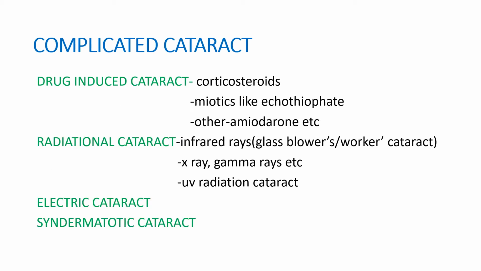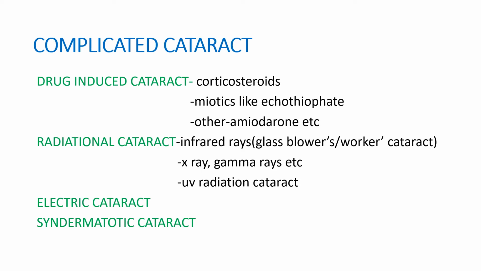Now types. The complicated cataract can be caused by drugs like corticosteroids, certain miotics like ecothiopate, and certain other medicines like amiodarone, etc. It can be because of radiational injury to the lens like infrared rays, so the cataract is called a glass blower's cataract or glass worker's cataract.